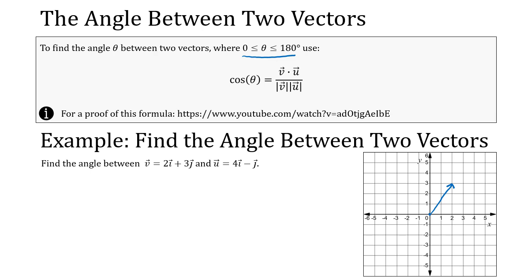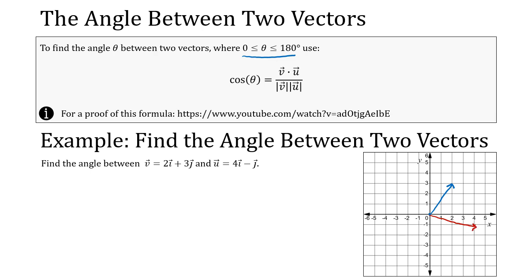Okay, let me switch to red, and I'm going to go ahead and plot position vector u, which is starting at the origin also, but now moving 4 units to the right and 1 unit down. And so I get that vector in the fourth quadrant.